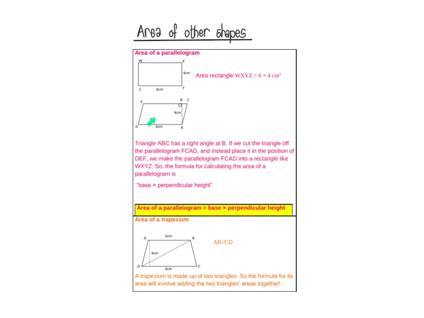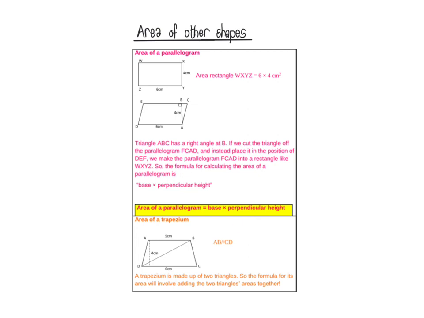But remember, you can't take this slanted side as the value that you're going to multiply by. It's got to be a perpendicular height always. So this is referred to as the base, DA, or even EC if it's given. But what we've got to look for is a measurement given to us as a perpendicular height. So the formula for the area of a parallelogram is base times perpendicular height.